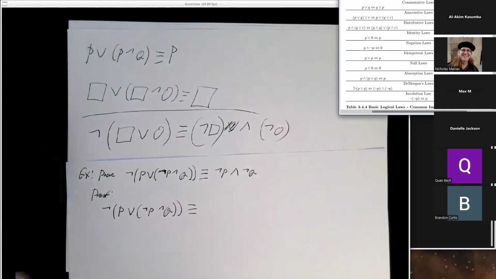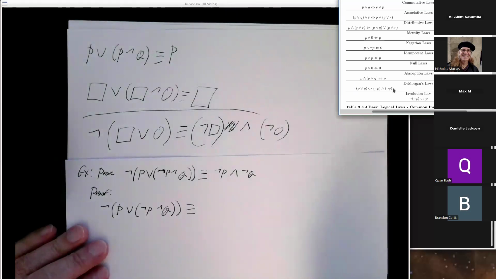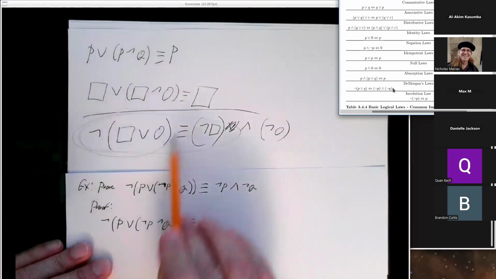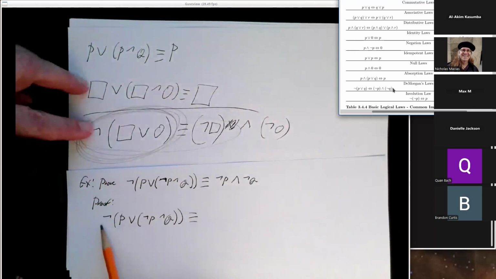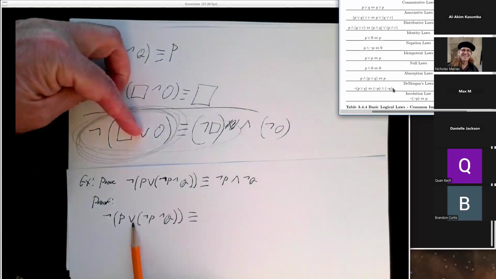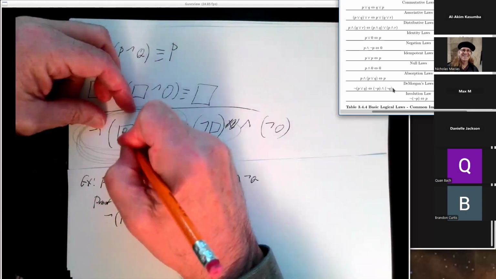So that's this first version of De Morgan's law. And if I look at this left side, well, I've got a negation symbol on both. I've got an or here. I could put a P into here.